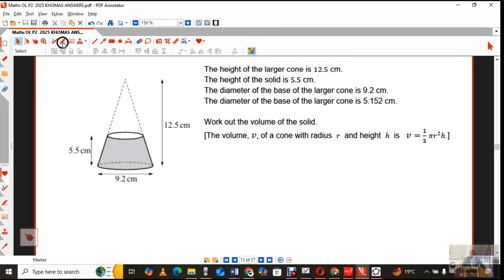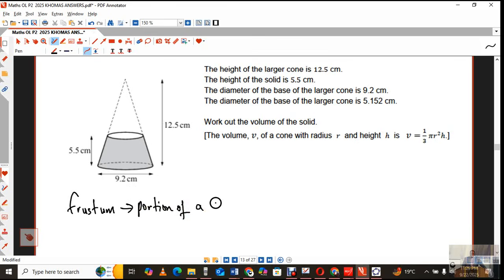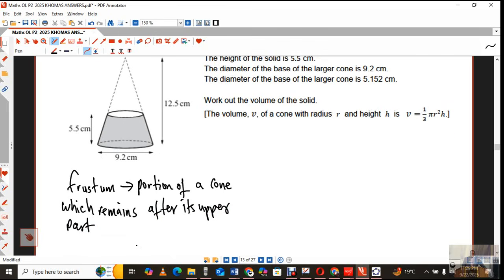So that solid becomes something we call a frustum. I hope I got the word correct. You can always check me there. Well, what is that? It's a portion of a cone. In this case, it's a cone of a cone, which remains after its upper part has been cut off.